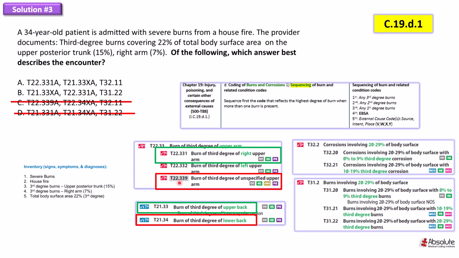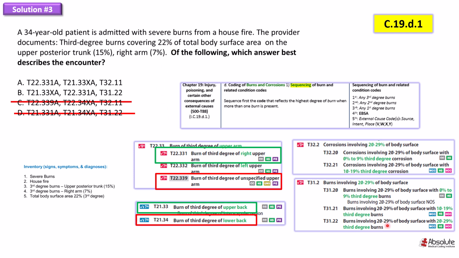Now let's take a look at these codes. All right, we've got T31.21. This is burns involving 20 to 29% of the body surface with 10 to 19% being third degree. That's not going to work. But we've got T31.22. This is burns involving 20 to 29%, right?